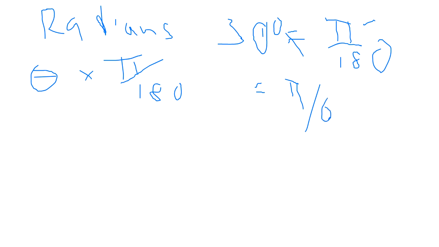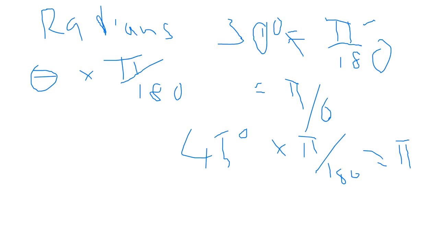Then another special angle, if you have 45 degrees, and you want to convert to radians, it is times pi over 180, which will be the same as pi over 4 in radians.